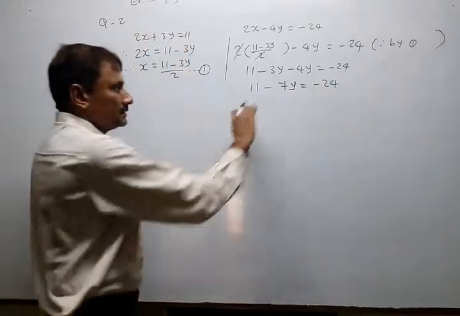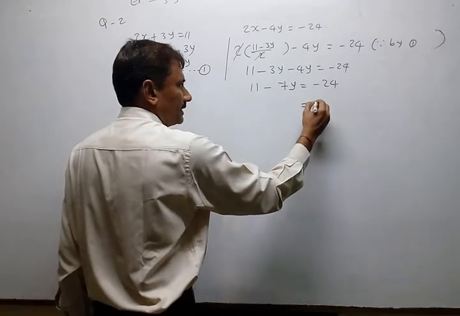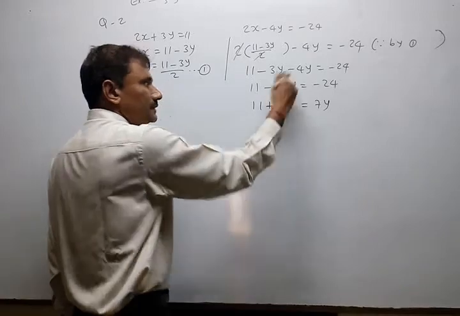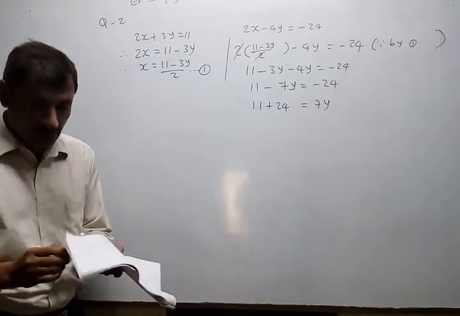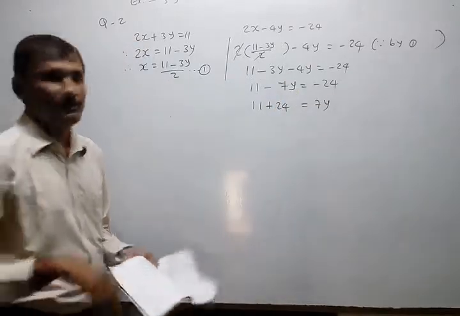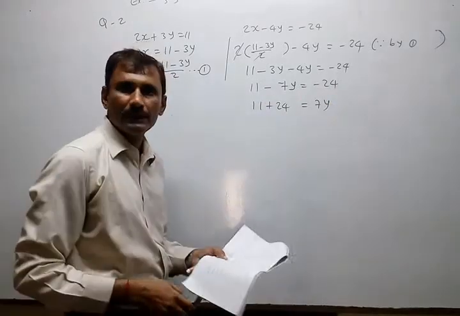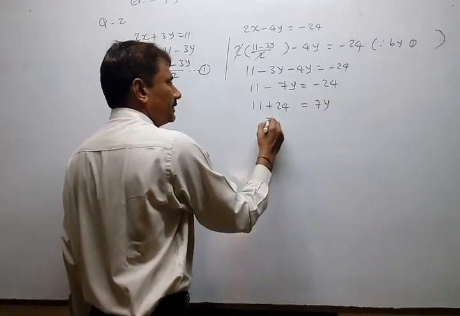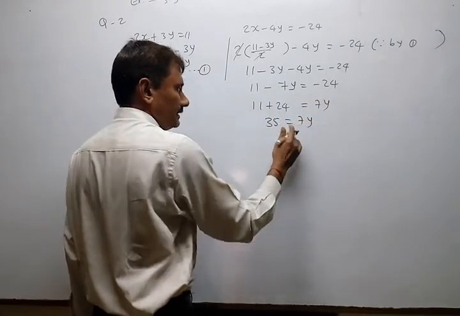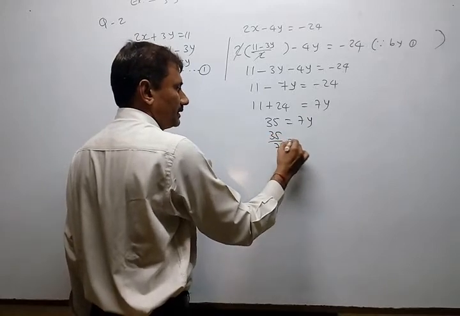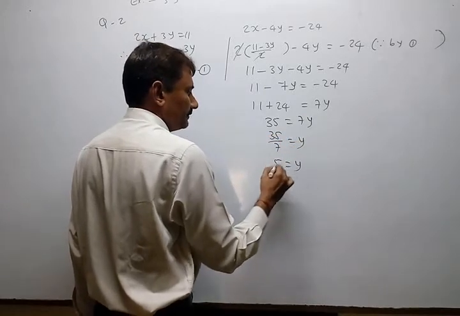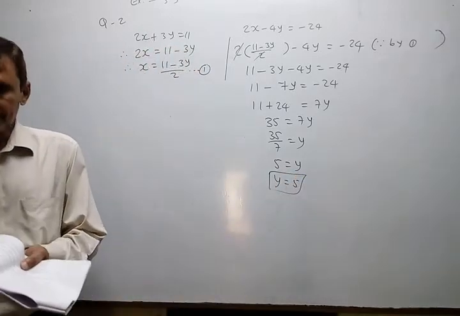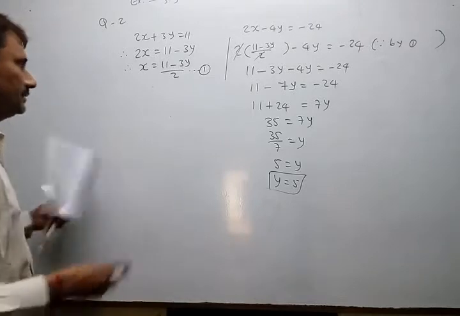Now shift the 7y here, because it is our rule to move the variable first if it is negative. For getting it positive, it becomes 35 equal to 7y. So 35 upon 7 equal to y, 5 equal to y, means y equal to 5. Now use equation number 1.